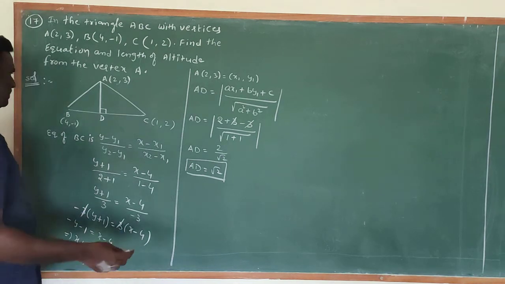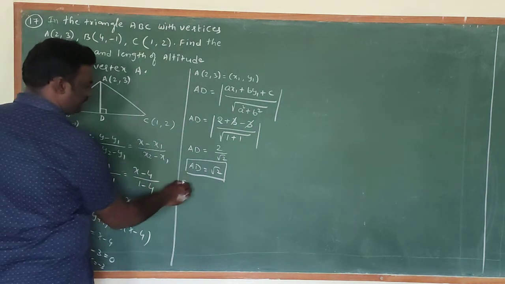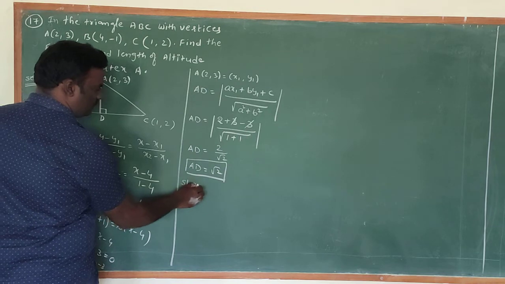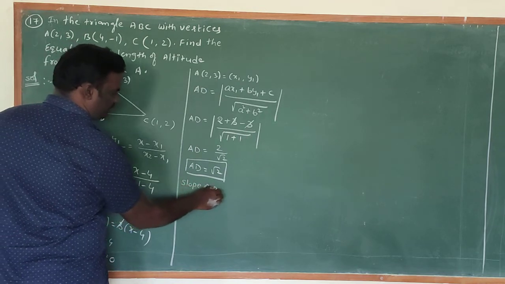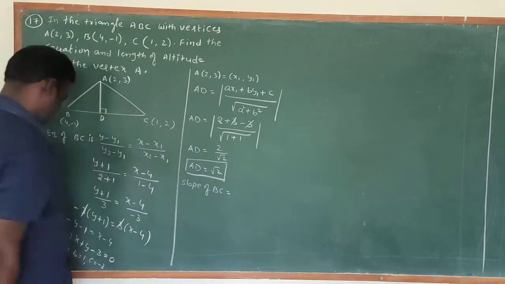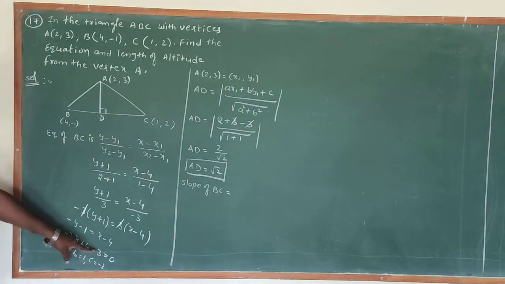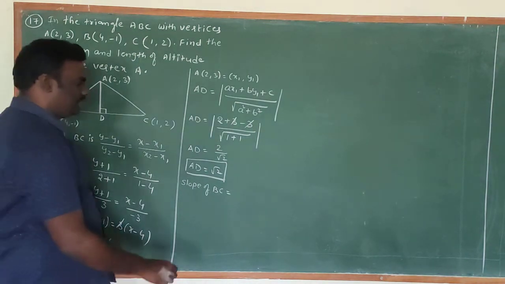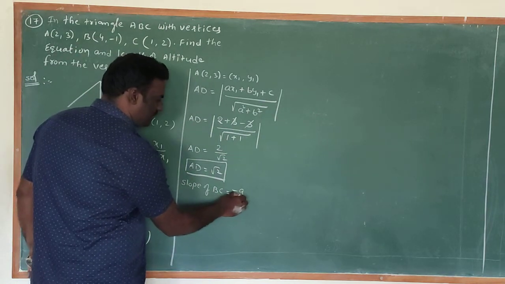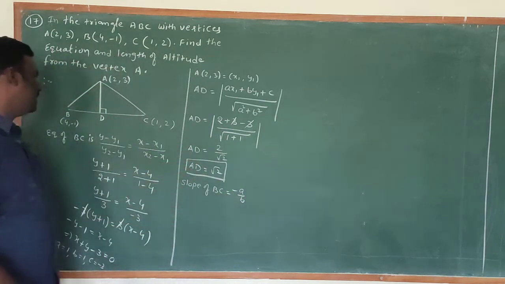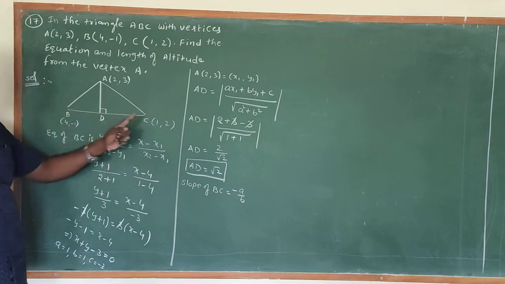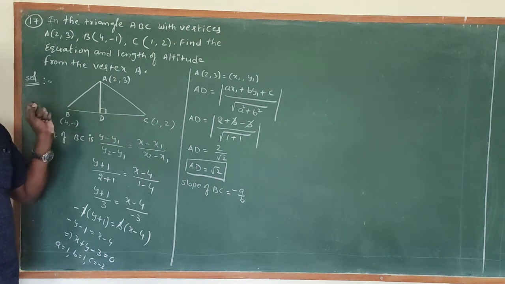Okay. First, I am finding slope of BC. Already for BC we got the equation. Slope is nothing but minus A by B. Or you can apply (y2 minus y1) by (x2 minus x1) also, correct.